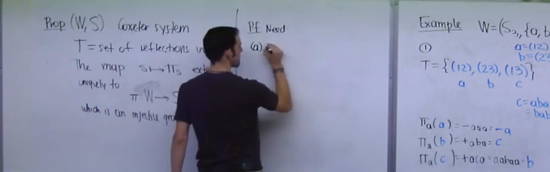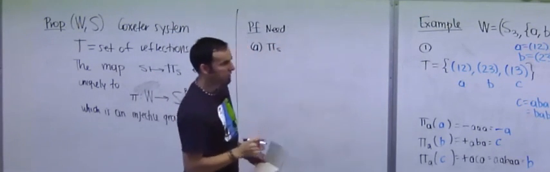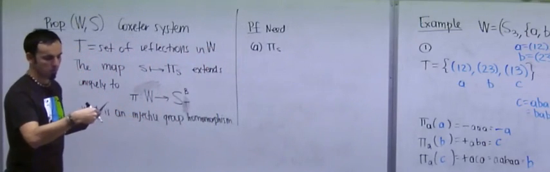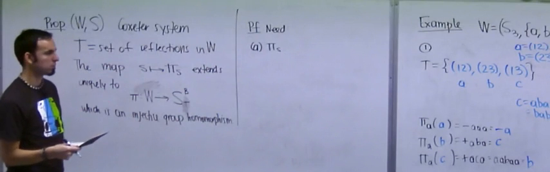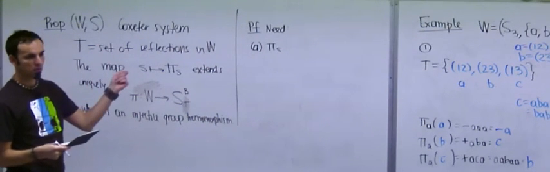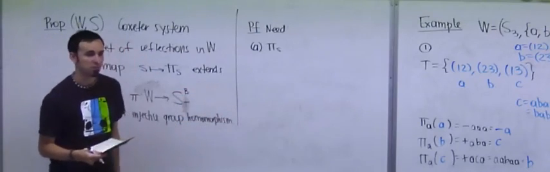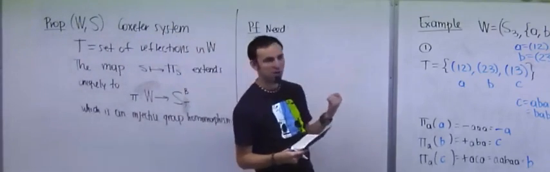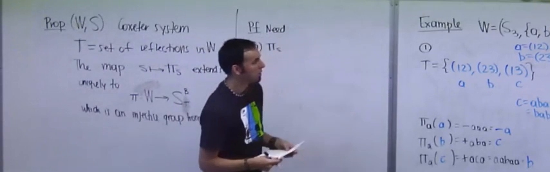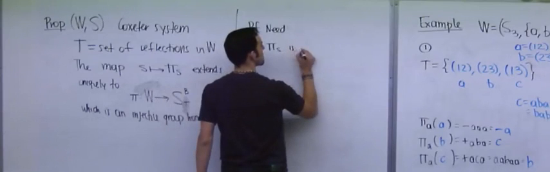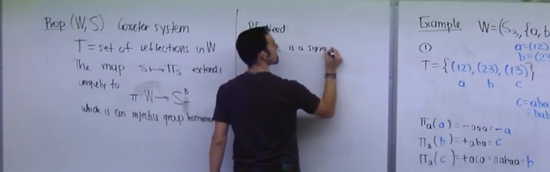The first thing that I need to do is actually show to you, which I haven't yet, that when you construct this thing pi sub s, so to each generator s, we associate a sign permutation, but I haven't shown that this is a sign permutation. We saw that here they were a-bar, c, b-bar, c-bar, b-bar, a, but in general, this is a sign permutation.